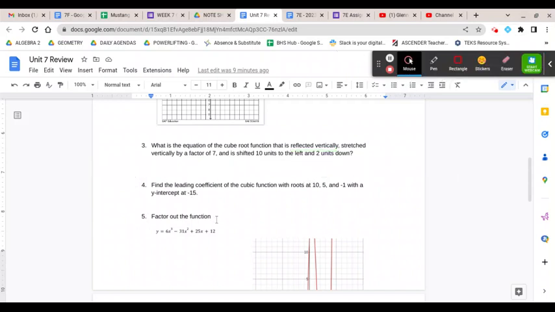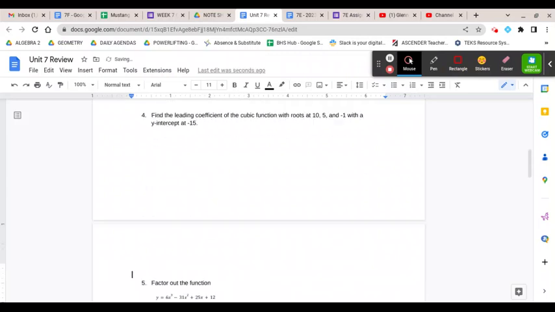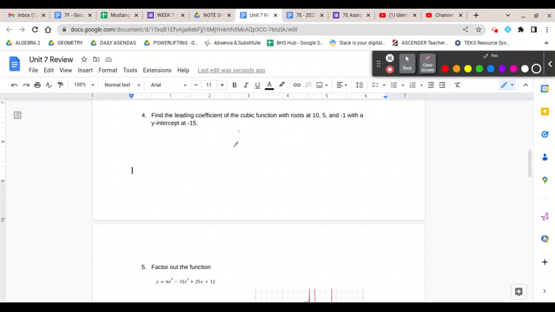Number 4, find the leading coefficient of the cubic function with roots at 10, 5, negative 1 with a y-intercept at negative 15. So if we have roots at 10, 5, and negative 1, what we're really going to have is factors of x minus 10, x minus 5, x plus 1. Those are our 3 factors, and then we're going to multiply by some a number on the outside.